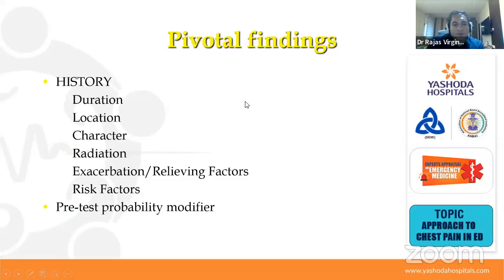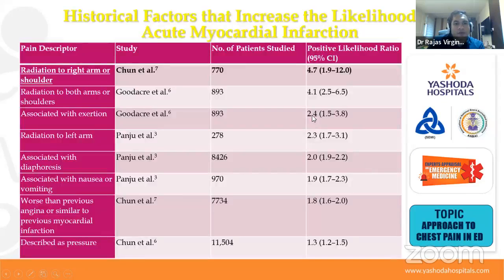In terms of the history, as you might have learned in medical college or after, there is a way to take the history and a way to describe the various characteristics of the pain. And also you can think of certain pretest probability modifiers. Some of the historical factors which increase the likelihood of an acute MI are radiation to the right arm or shoulder, with a likelihood ratio of 4.7.